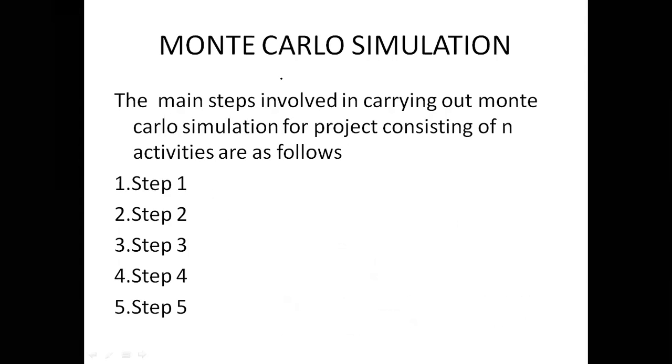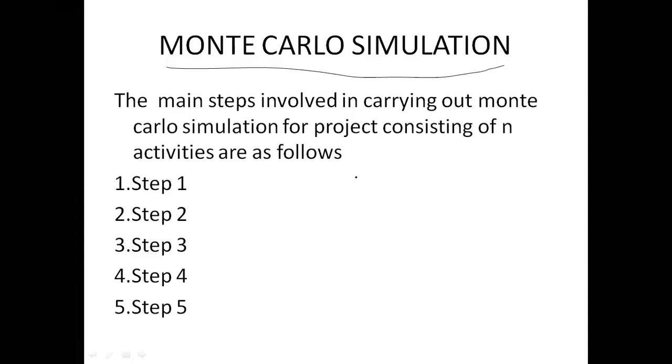So next we move to the next topic, Monte Carlo simulation. It is an alternative to the PERT technique, and provides a greater degree of flexibility in specifying likely activity durations. We can use Monte Carlo simulation to evaluate the risk of not achieving deadlines.